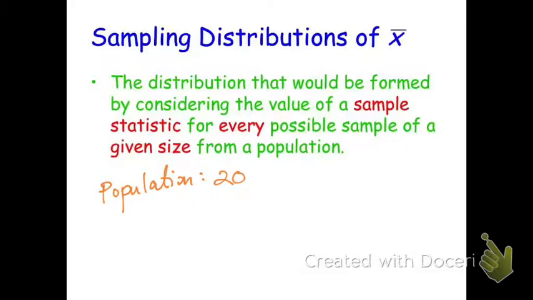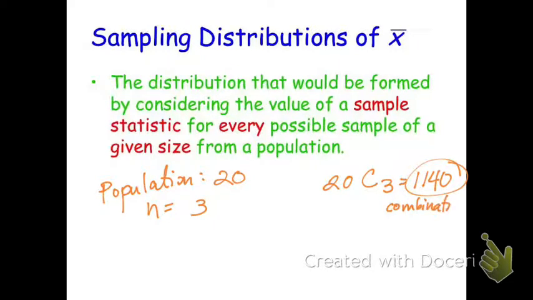I'm going to choose a sample size of 3. So that's what I did in the example. I had 20 fish. My sample size was 3. And when I did 20 choose 3, I got 1140. So what that means is there are 1140 combinations of 3 fish.